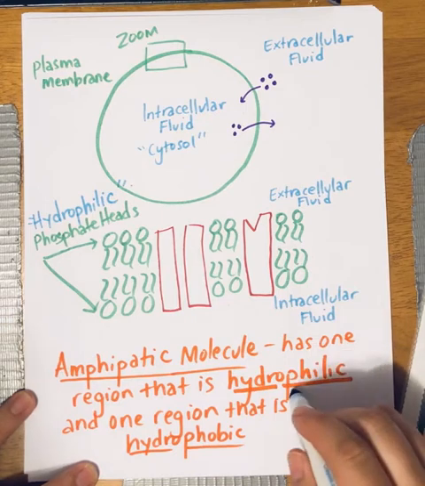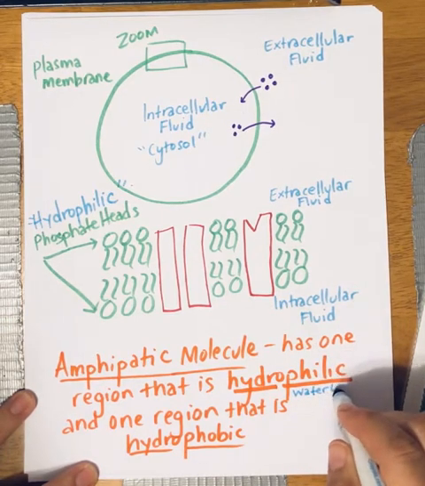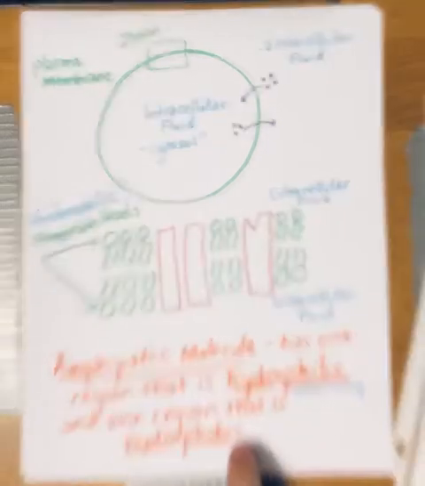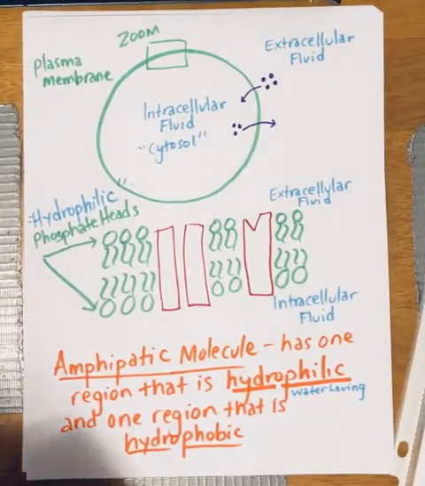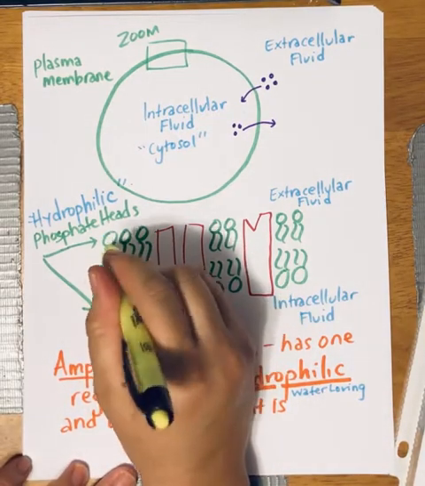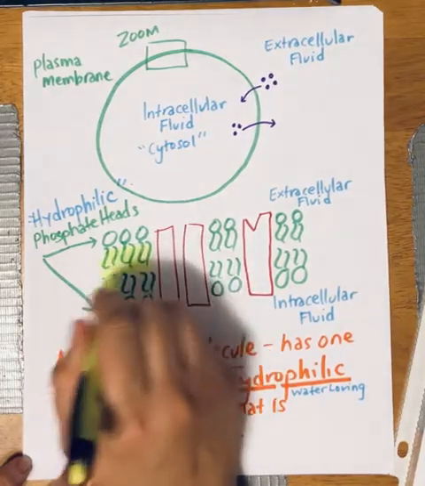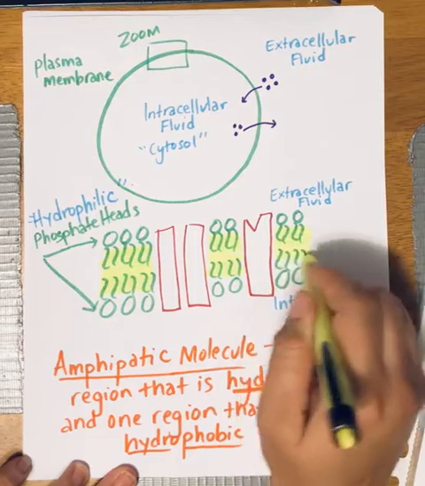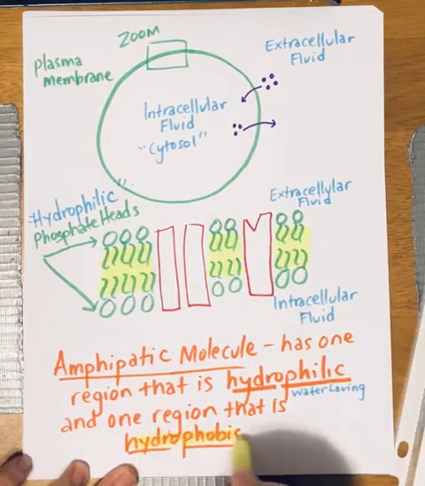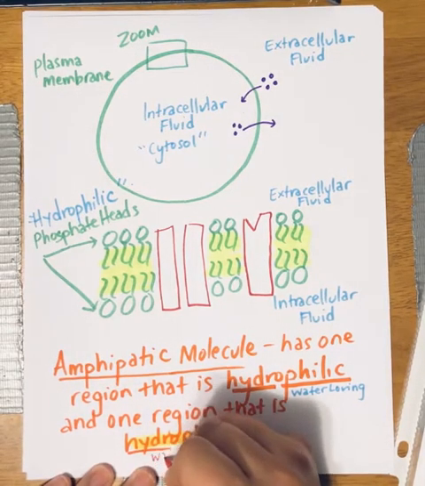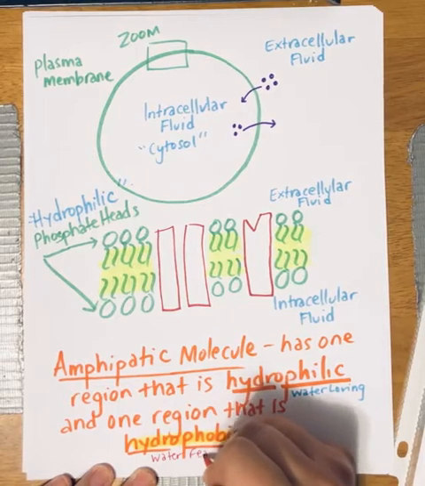Hydrophilic literally means water loving. Now, hydrophobic means water fearing. So if you think about fat, it is hydrophobic. So these face in towards the inside. The fatty acid tails are water fearing.